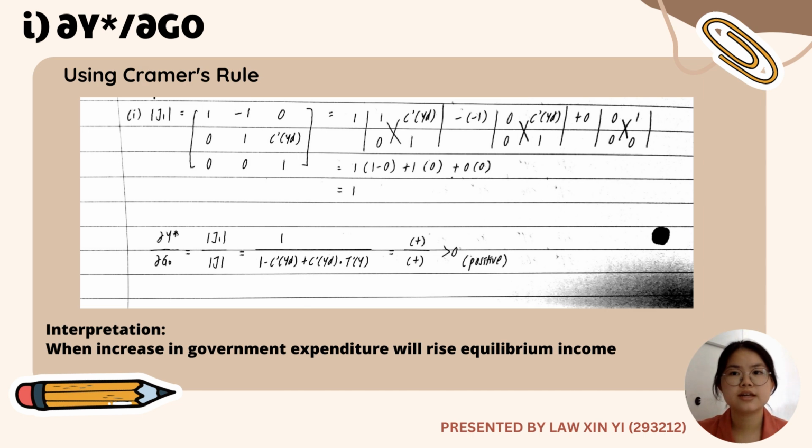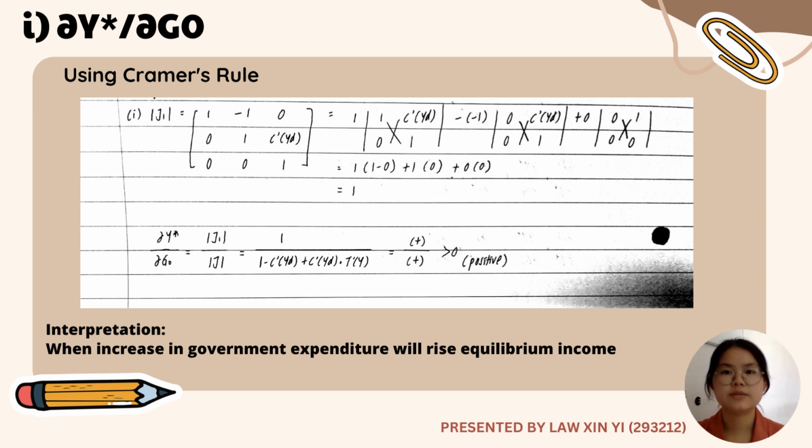So to find the partial of y with respect to g, we need to use the determinant of J1 over the determinant of J, which is equal to 1 over 1 minus c_yd plus c_yd times t_y, which is positive.